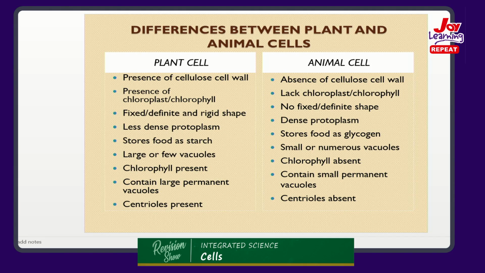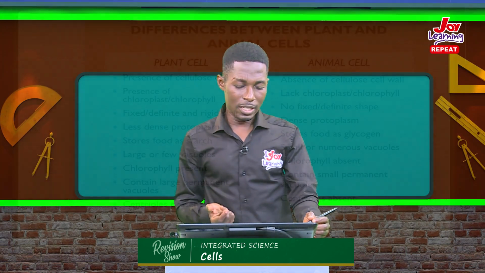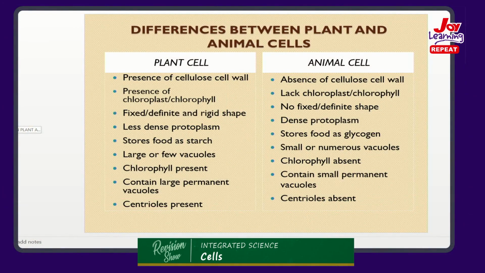So, cellulose, absent of cellulose, chloroplast absent. Take your time and look at it. We've described it. You looked at the pictures. We've also taken time to describe them. We've done the distribution, and now you're on the differences between plant and animal cell.